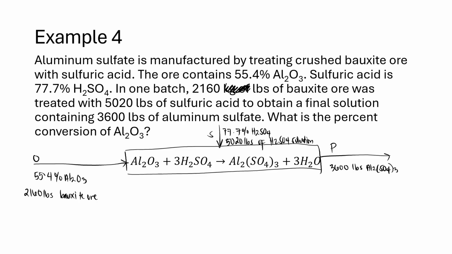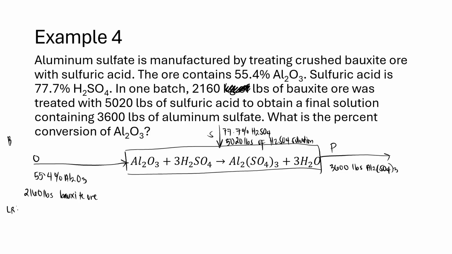Actually, this is a very simple one. This is very short. First, we need to determine which one is the limiting reactant. So it's between Al2O3 or the sulfuric acid. So let's see. Limiting reactant. I'm going to try first Al2O3.